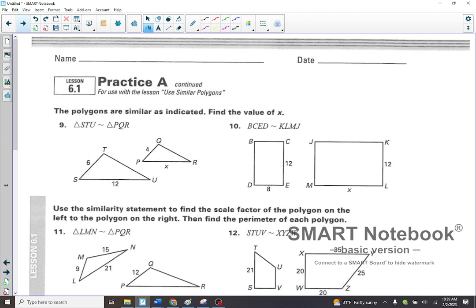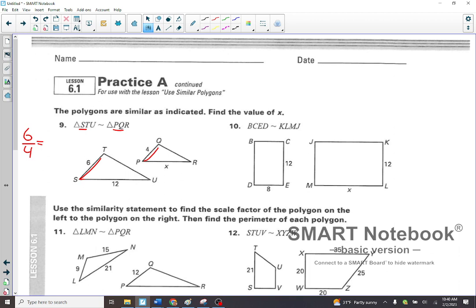So number 9. STU is similar to PQR. Find the indicated missing value. So you could do 6 to 12. Or let me do it the way we do it. So we're going small to small, matching ST, which is the first 2 letters, with PQ. So 6 goes with 4.